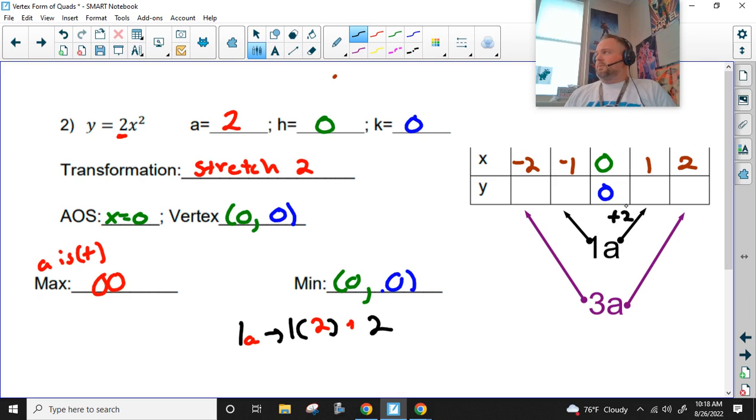What's 0 plus 2? 2. Some of y'all are like, when's the hard part coming? Now we have 3A, which is again 3 times 2. We get 6. So we take this value right in front of it, which is 2. What is 2 plus 6?